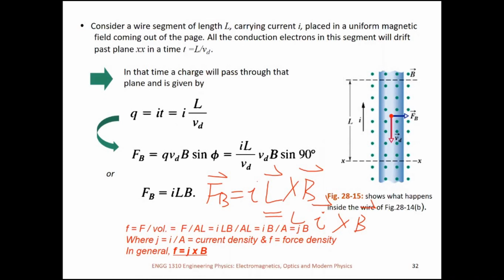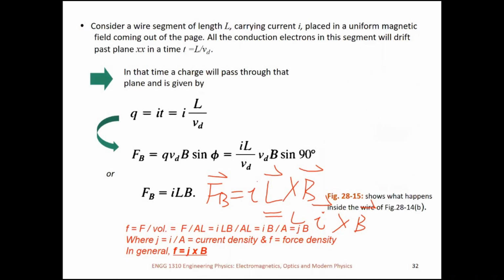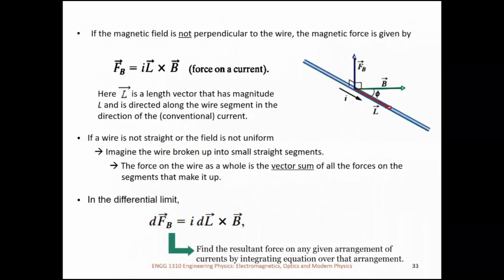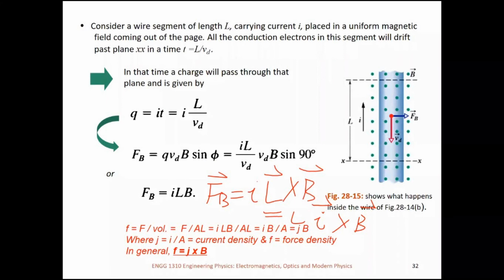Okay, here is some further derivation. We can utilize the force density, the small f, which equals the force over the volume, and the volume is just the area multiplied with the length.